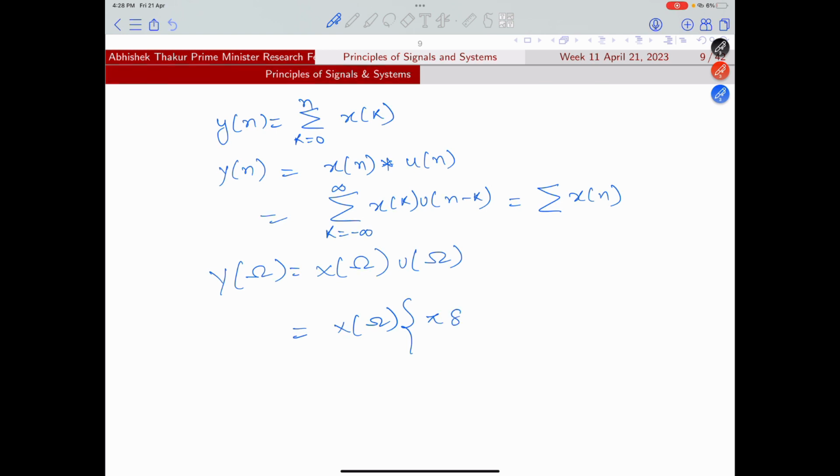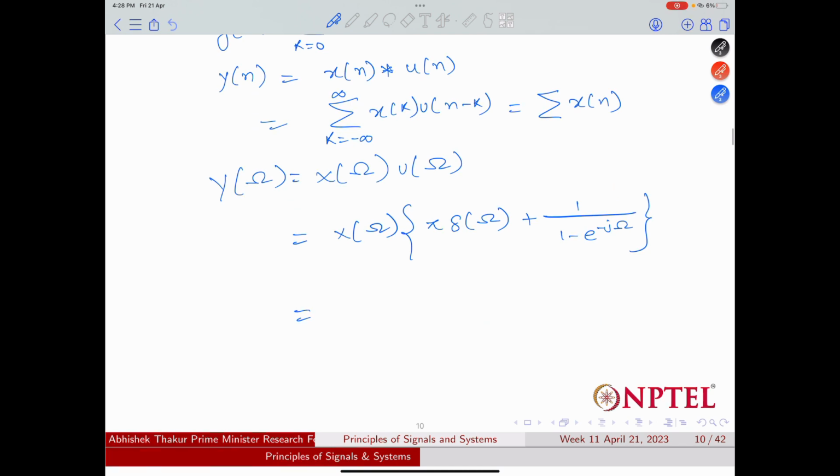So when you take all the terms out, it will become pi X of omega into del omega plus X of omega divided by 1 minus e to the power of minus j omega.